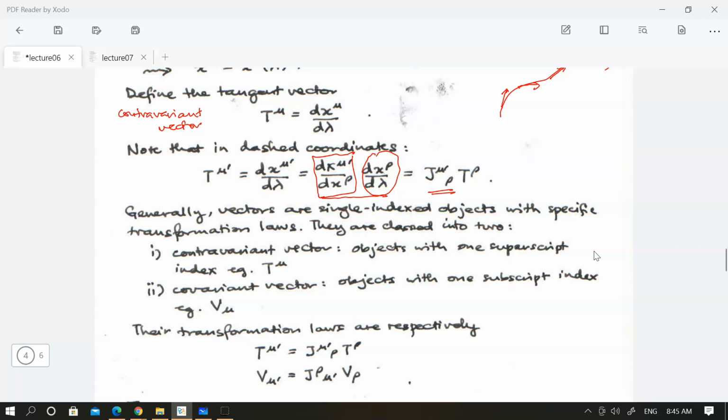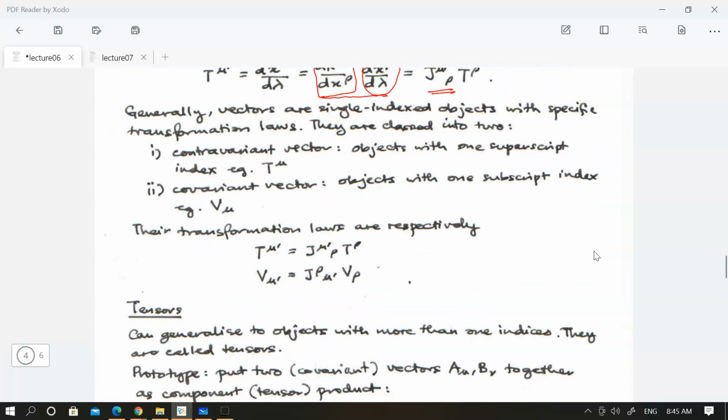The contravariant vector has a single index on top, and the covariant vector has a single index at the bottom. The transformation laws are different for the contravariant vector and the covariant vector. One involves the Jacobian, the other involves the inverse Jacobian.